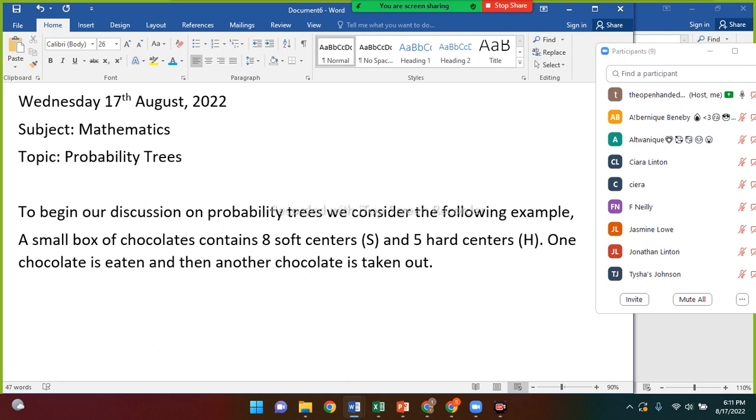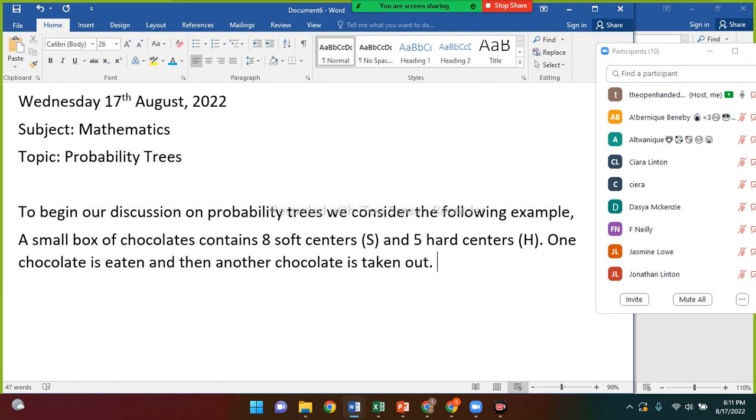Now one chocolate is taken and eaten, and another chocolate is taken and eaten. That's what's going on in this illustration, or in this account, or we'd say in this experiment. That's a better word for it.